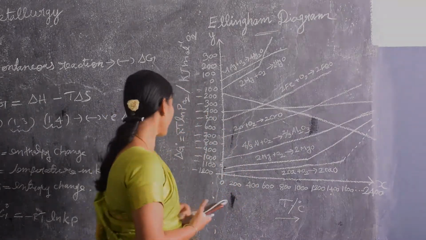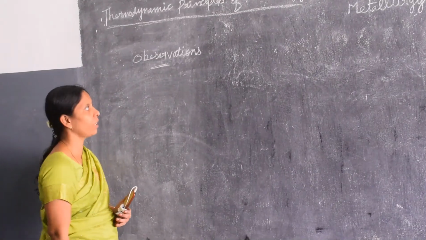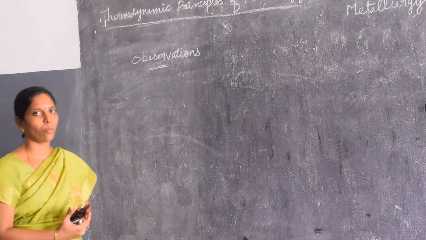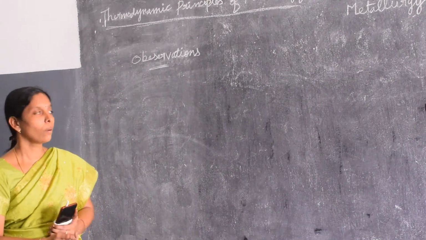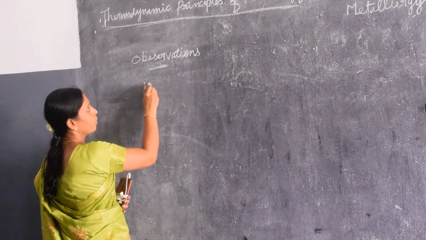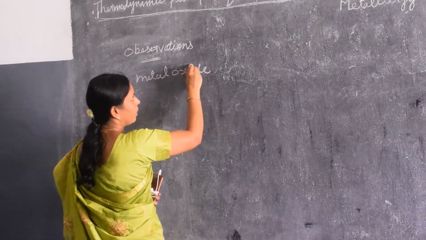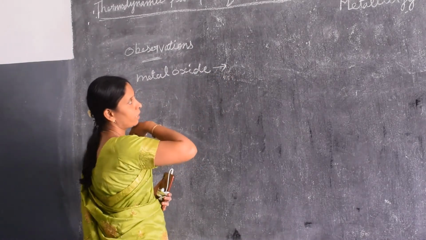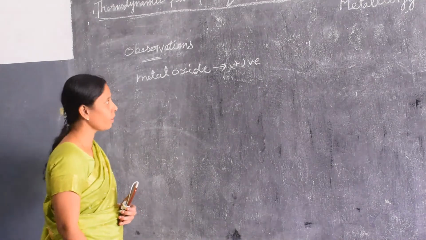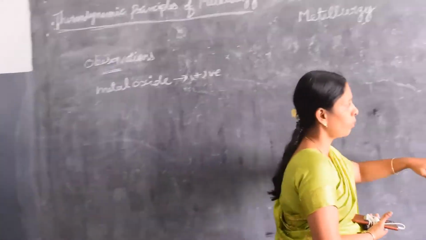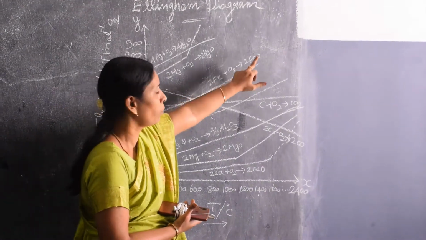Next, observations from the Ellingham diagram. Here, for most of the metal oxides the delta G value of formation is positive. Looking at the straight line equation, it goes from a negative value to 0 and then to a positive value.